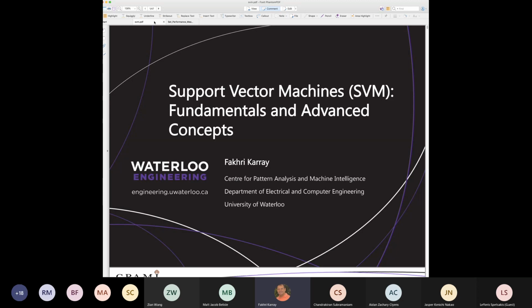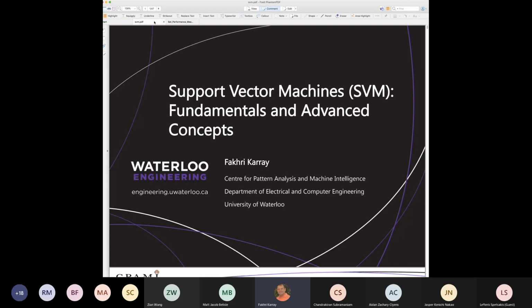This is far from the truth. Support vector machines can also be utilized as multi-classifiers, as I'm going to mention in later parts of these components.